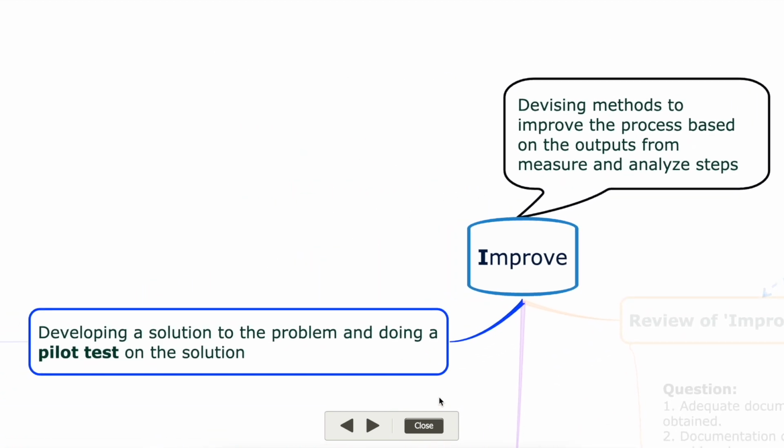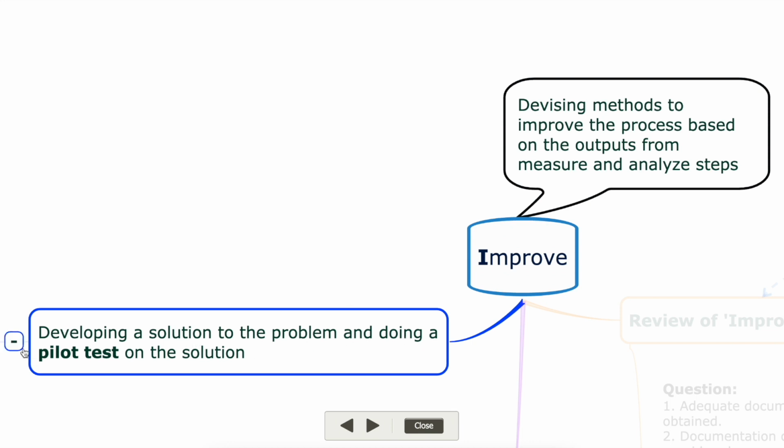So developing a solution to the existing problem for which we were hired, or we were given this assignment to provide a solution to improve the system, we have to develop a solution for that in this process.